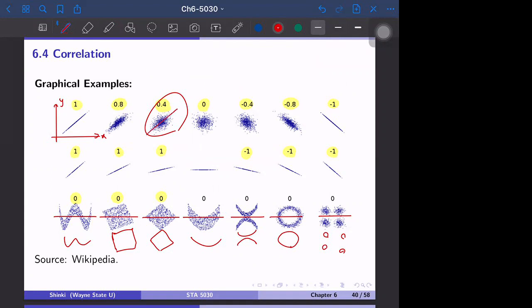The linear trend is like this, but it's not very clear whether or not X and Y have a relationship. In such a case, you want to see if this 0.4 is a really meaningful number, or whether it can happen by chance even if X and Y do not have a relationship.